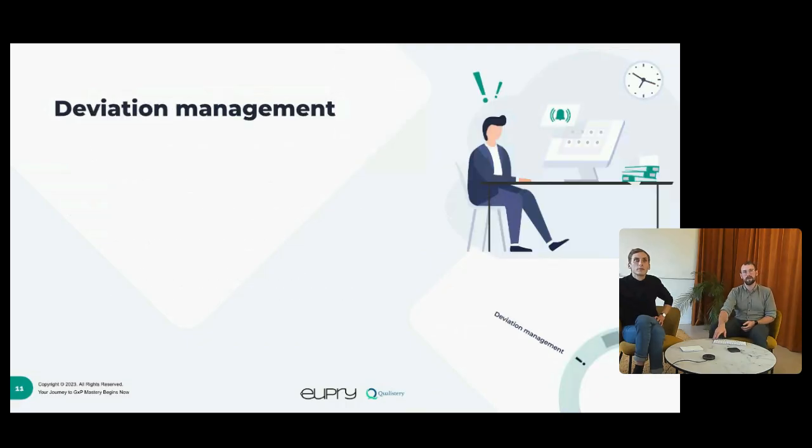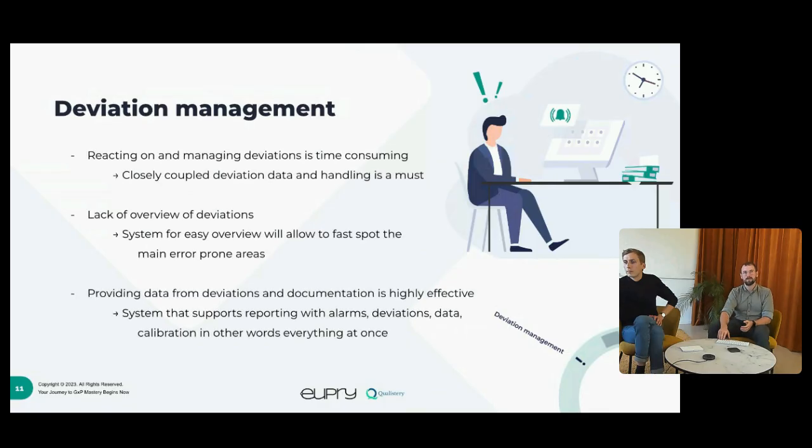So moving on, now there was also one part on handling temperature alarms, handling deviations. One of the things that we often see is that reacting on and managing deviations is very time consuming. And one of the things that we see being the predominant reason why it is so hard, talking purely about thermal compliance, is that there's sort of a lag between the data and the non-compliance and the root cause.